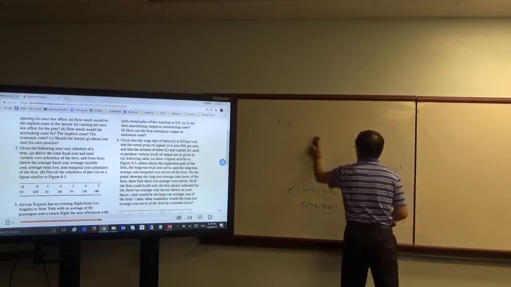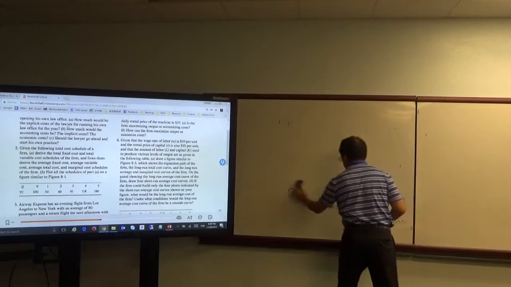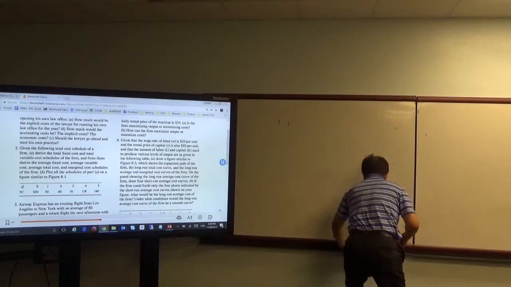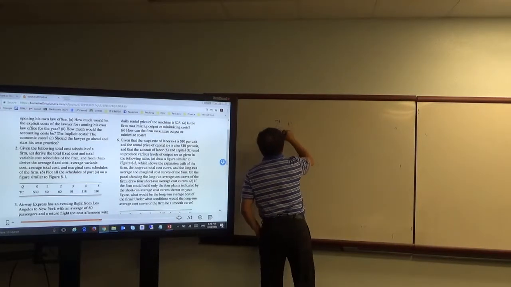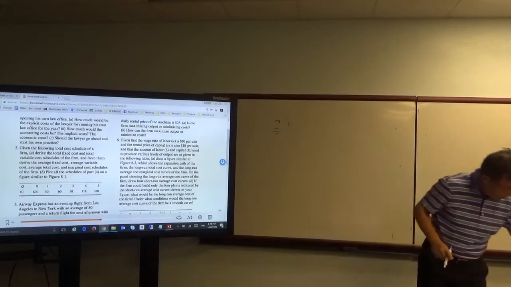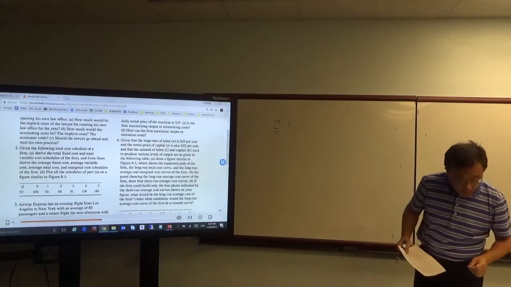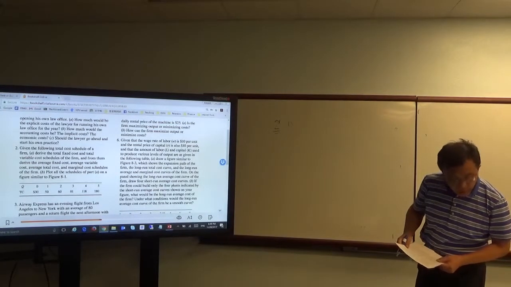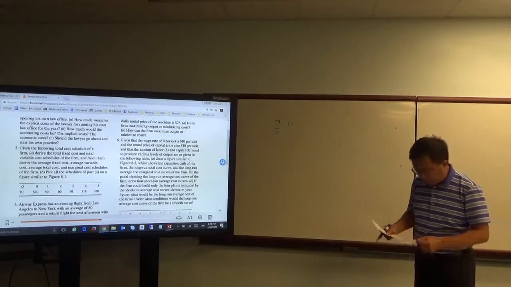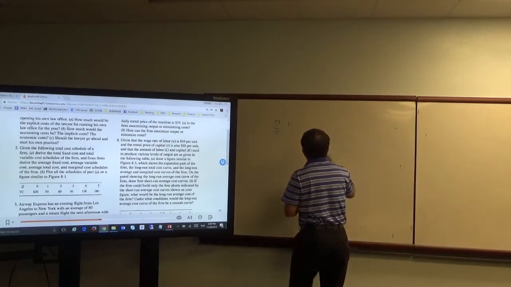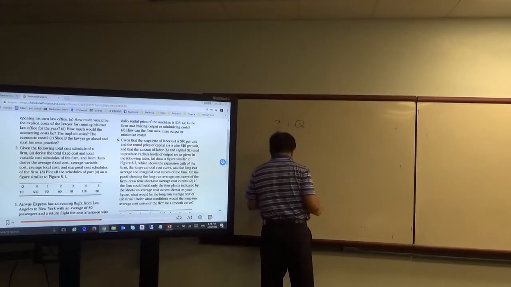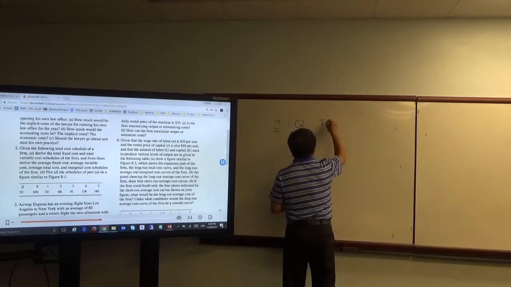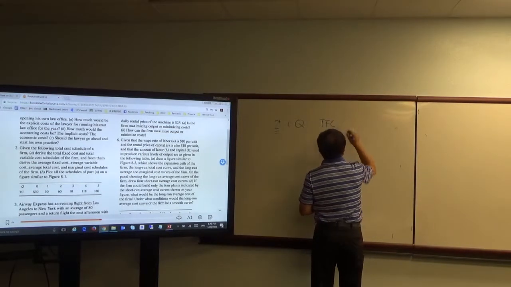So the easiest way is we can start with the table. We can actually construct a table. We have the quantity here. I would put total fixed cost in this column, even though I don't have this number.